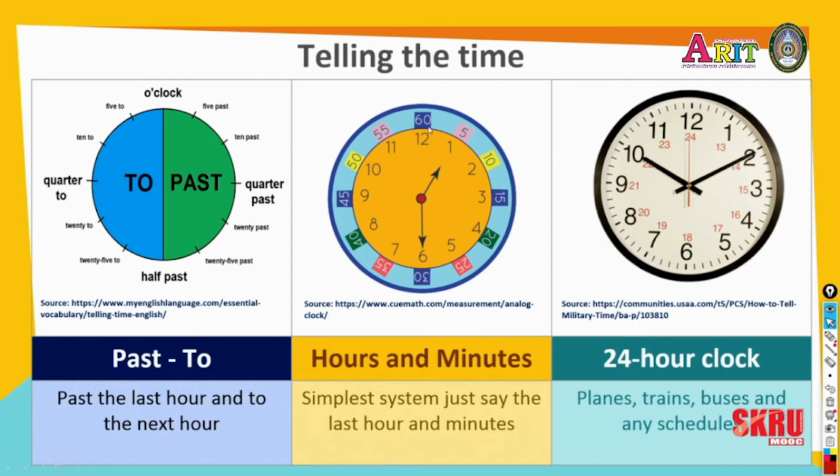And if it was 60, we don't say 60, we say o'clock. So again, it could be 1 o'clock, 1:05, 1:10, 1:15, 1:20, 1:25, 1:30, 1:35, 1:40, 1:45, 1:50, 1:55, 2 o'clock.